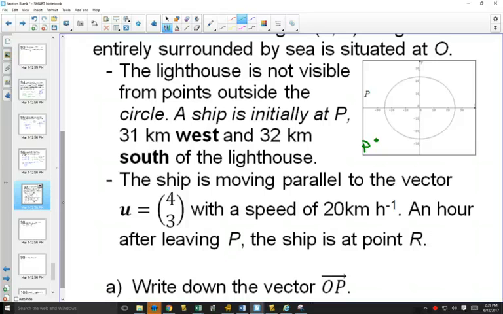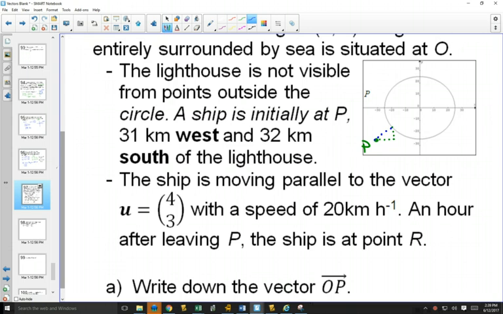An hour after leaving P, the ship is at a new point R. So can you imagine this direction? That is the direction that it's headed.